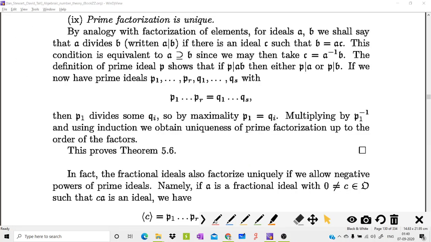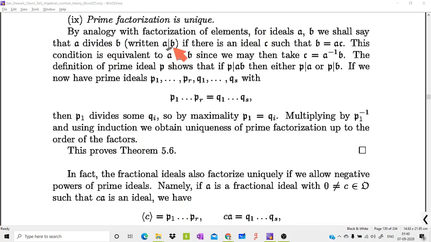Now we can prove result 9. In this result, we will prove the uniqueness of the prime factorization. First we have a notation: A divides B, where these are ideals. When we write A divides B, that means there exists an ideal C such that B is equal to AC.